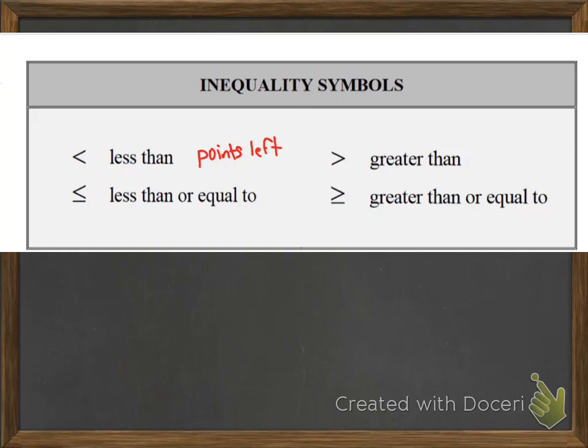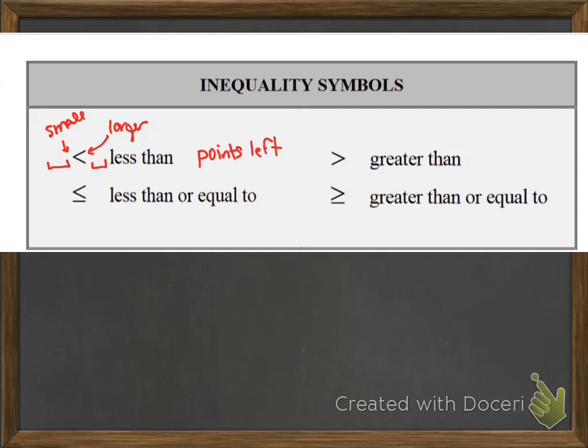Yet another way to remember it is if you look at the symbol, the pointy part, the small part, is on the left, and the larger part is on the right. So it's literally saying that whatever is over here on the left is smaller than or less than whatever is on the other side or the right side of this symbol.